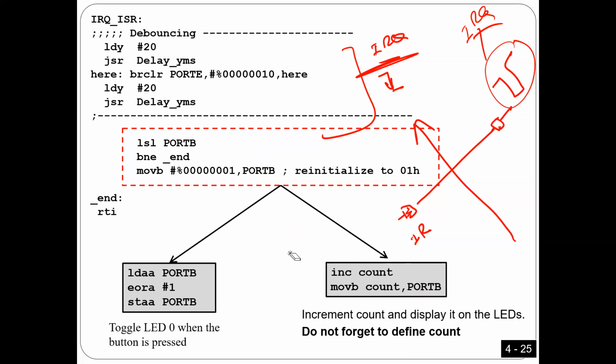Very important thing. This counter has to be a memory location. It cannot be a register. Why? You remember, because if it is a register, every time it's going to take the initial value back. As I explained before, once there is an interrupt, automatically all the registers are pushed to the stack, and the original value is going to come back.